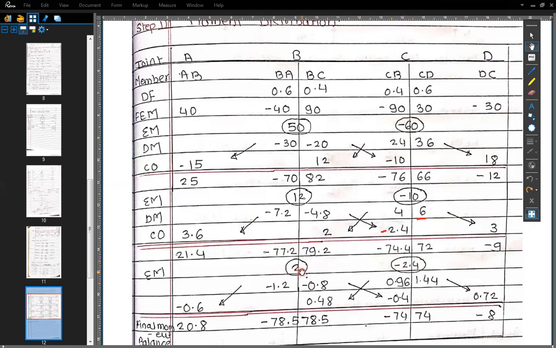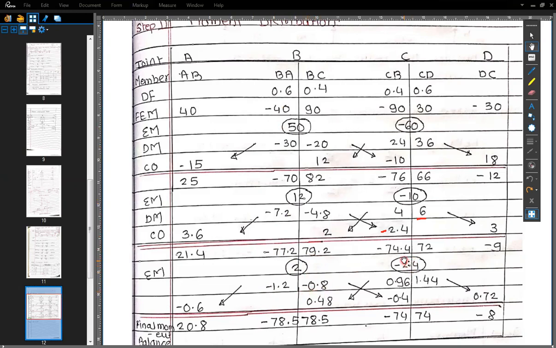So we're going to distribute equal and opposite amount of movement to make this joint balanced. Okay, so this is plus 2 which is unbalanced, so we are going to apply minus 2 for balancing purpose. So minus 2 into 0.6, that is 1.2, and minus 2 into 0.4, that is minus 0.8.